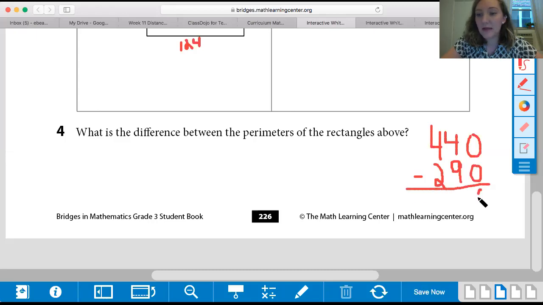I'm going to as well. 0 minus 0 is 0. I can't take 9 away from 4, so I have to regroup. This becomes 3. This becomes 14. 14 minus 9, 5. And what is 3 minus 2? 1. So my answer is going to be 150 is the difference between the perimeters.